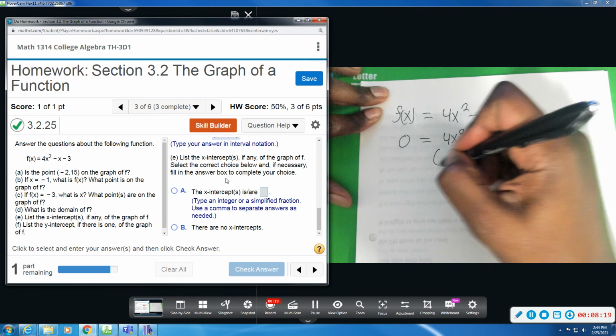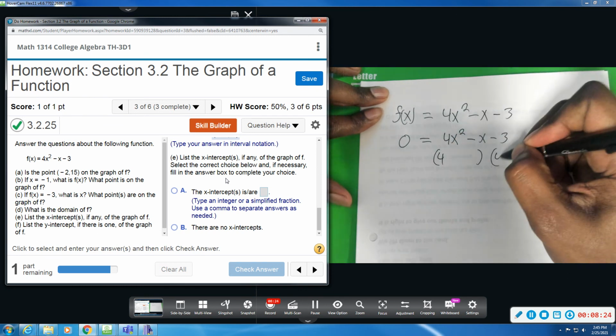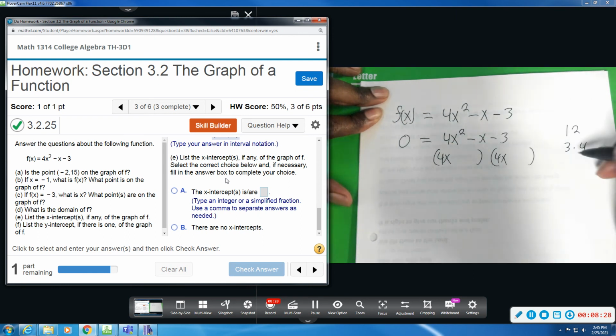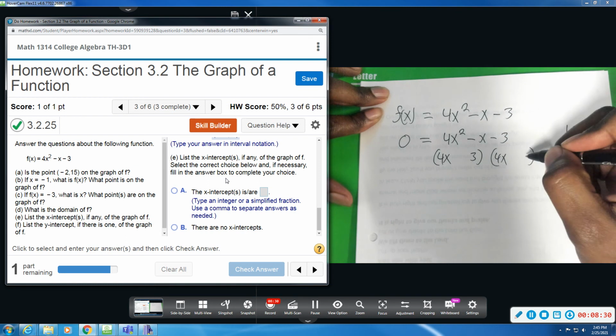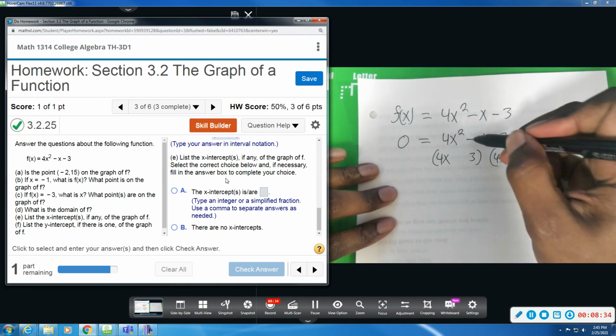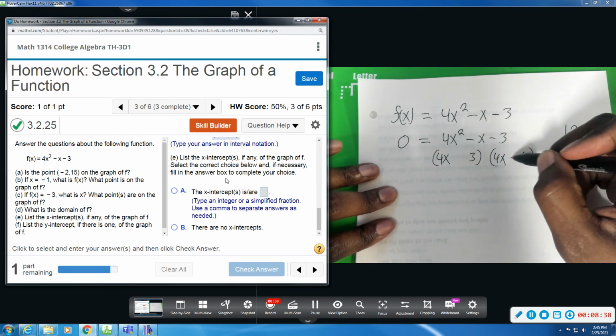Alright, so 2 sets of parentheses. I'm going to put a 4 in the front of both because of this leading coefficient. Split up the x squared and the 3 and the 4. We're going to put those in the back of the parentheses. Going left to right, first sign is your bigger number, so negative goes to the bigger number, which is 4.